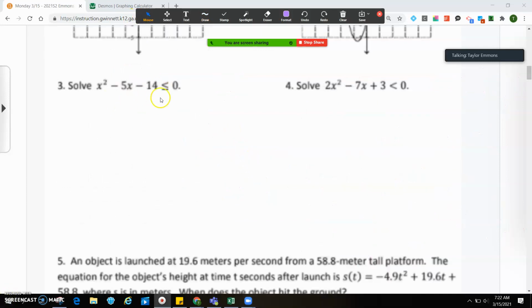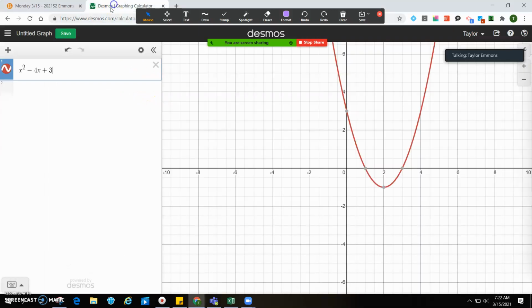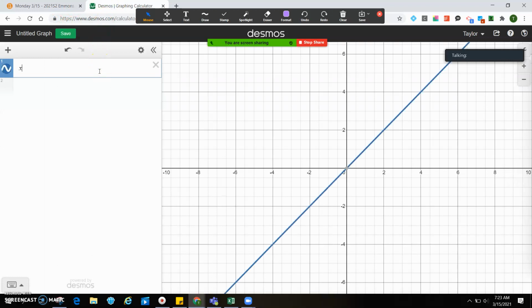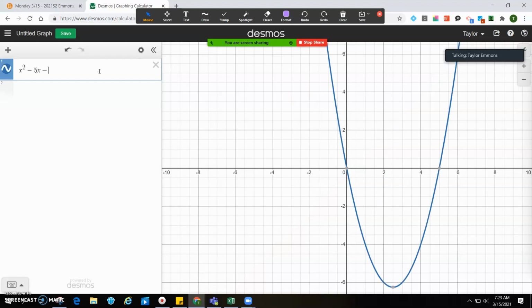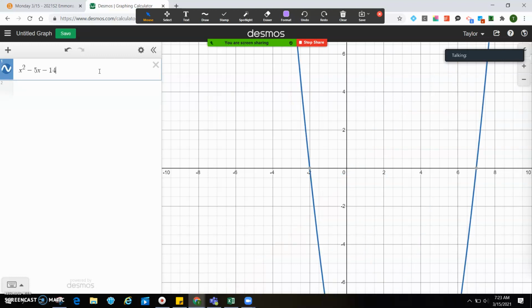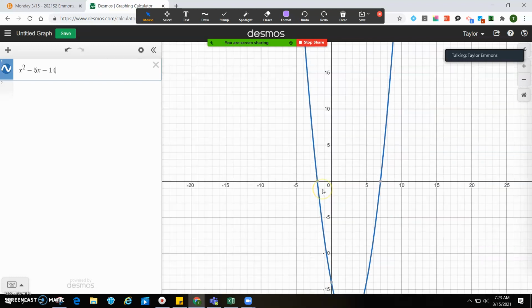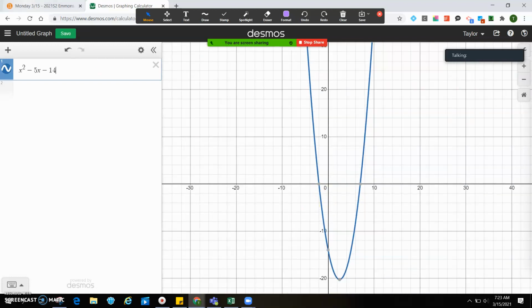All right, so if I were to actually graph this, I would come in here and say x squared minus 5x minus 14. Okay, and I see that this is my graph.